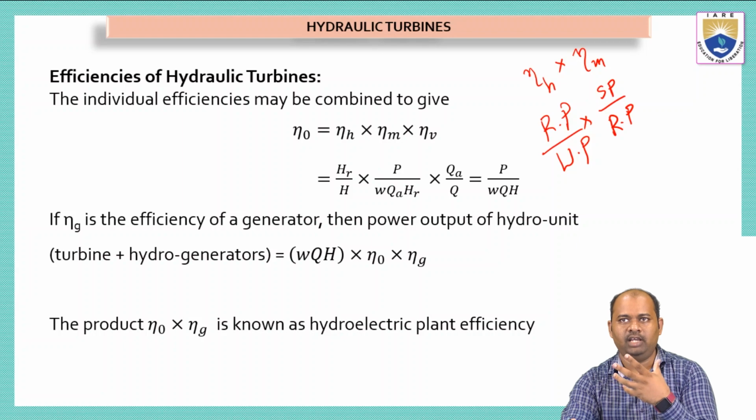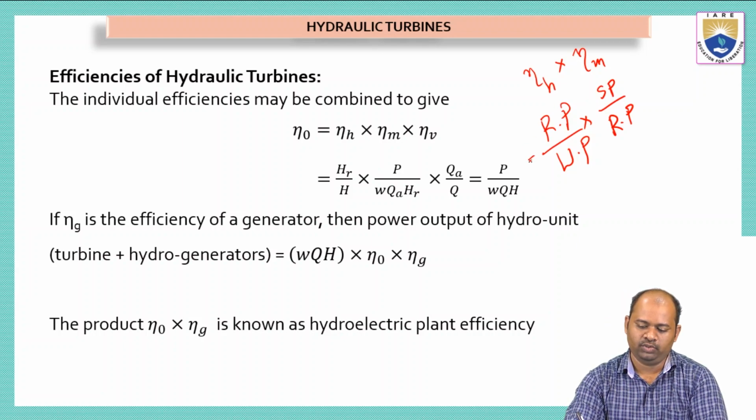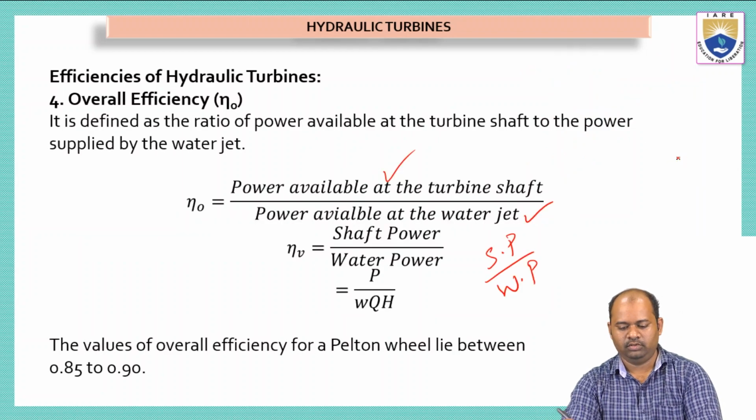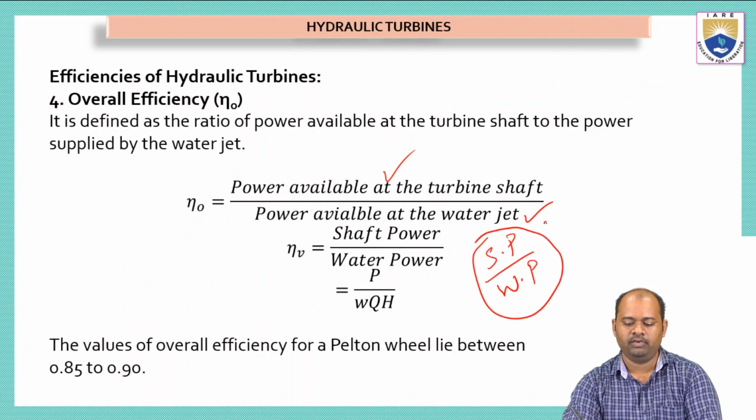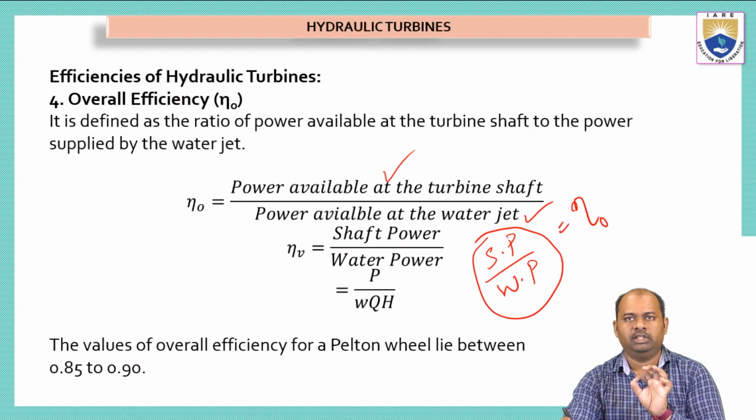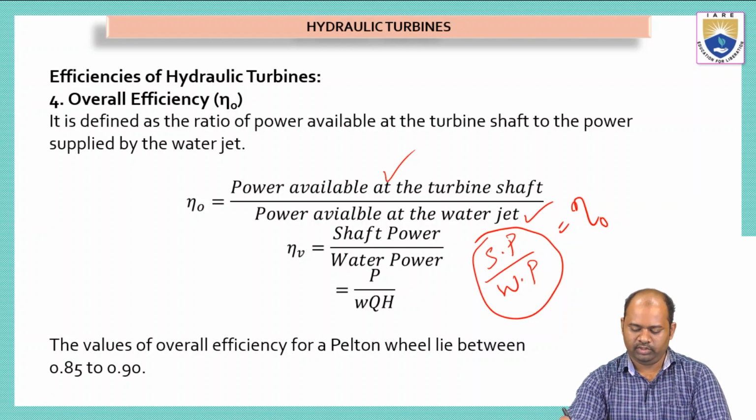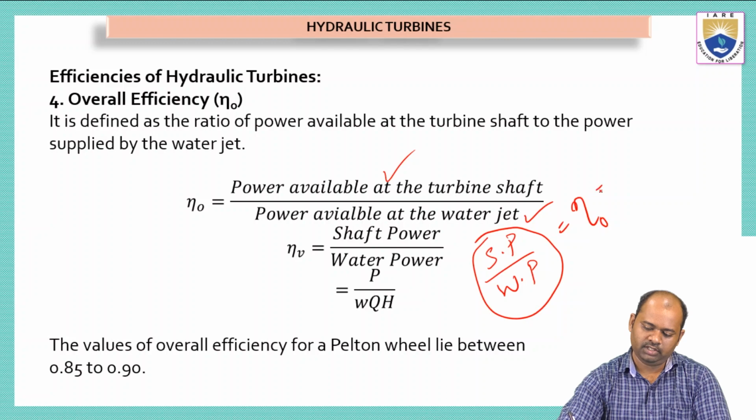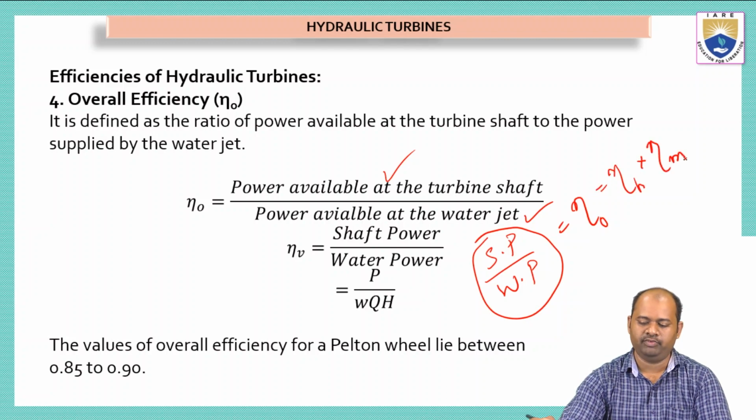The runner power cancels and I get shaft power by water power, which is the overall efficiency. So there is a relation between these three efficiencies: overall efficiency is equal to hydraulic efficiency multiplied by mechanical efficiency.